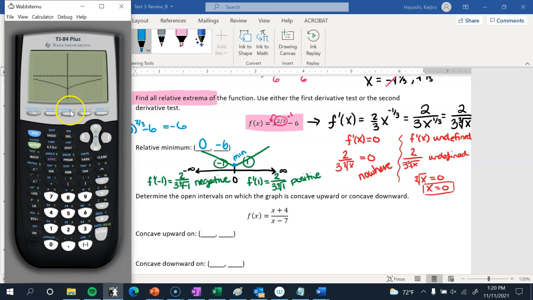And if you were to zoom in on this place where it seems to exist at 0, -6, you might see that it has a sharp point. So even though the original function exists there, at 0, -6, it's impossible to actually evaluate the derivative there, which is why f prime of x is undefined there and why it was one of our critical points.